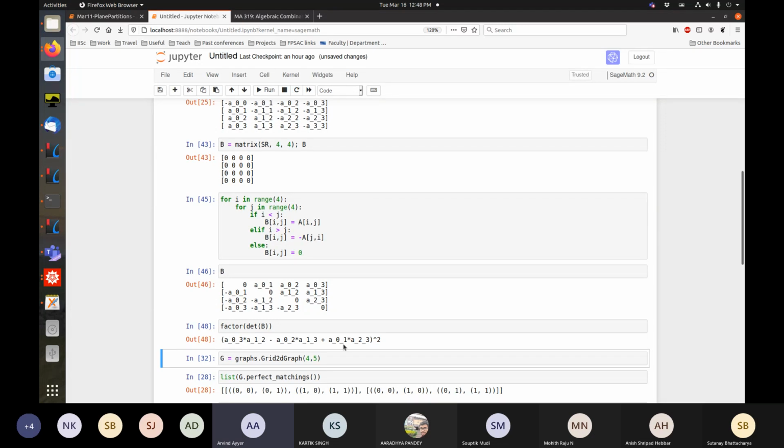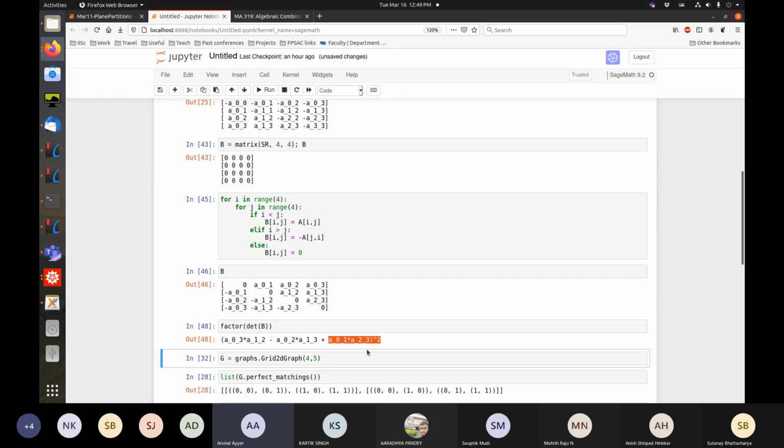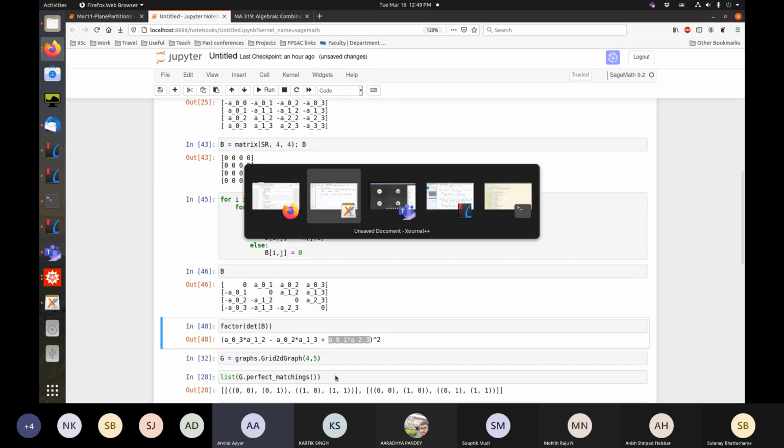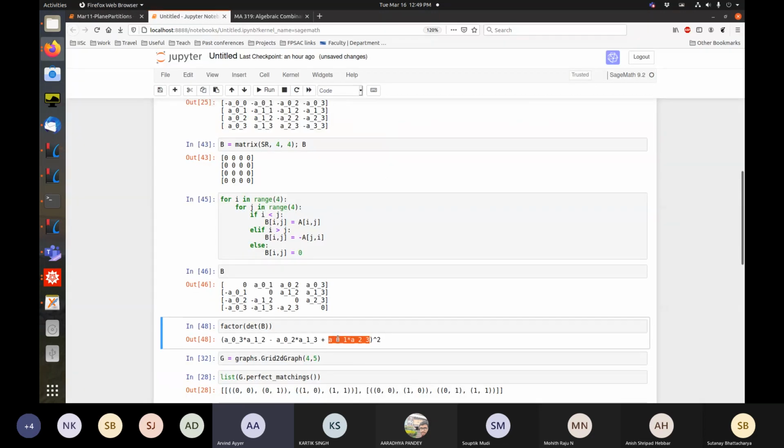Okay. So this is the unfortunate shift in indices. So actually, let's look at this term and let's compare with what I have in mind. So if I shift indices by 1, this is A12, A34 with a plus sign, you see, and that is this.